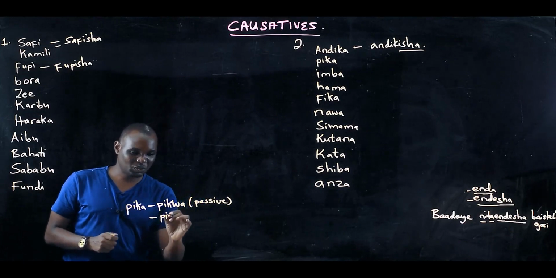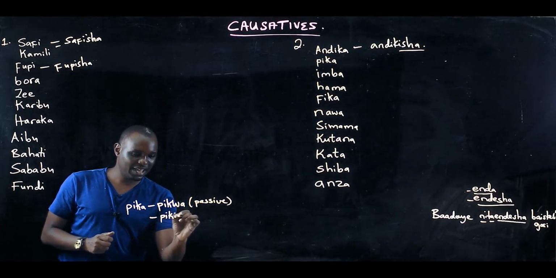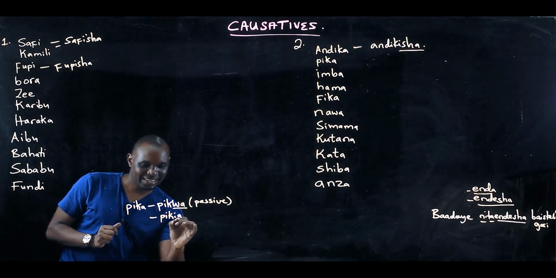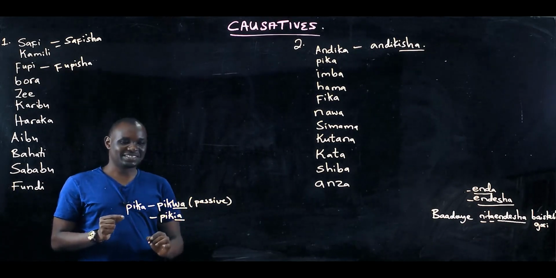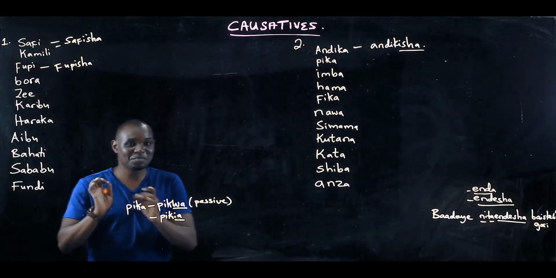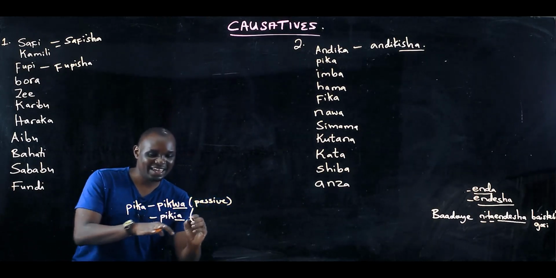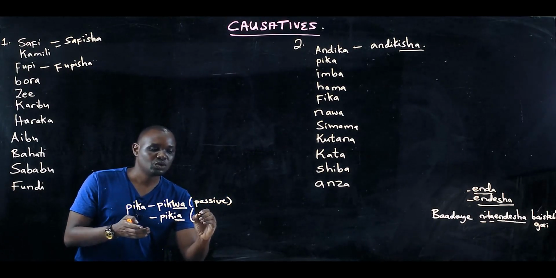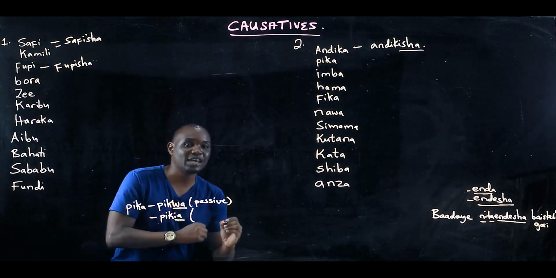And also, we saw pikia. The ending there was wa, but the ending here is ia. You remember? Preposition form of the verb, ia. So, pikia is to cook for someone.